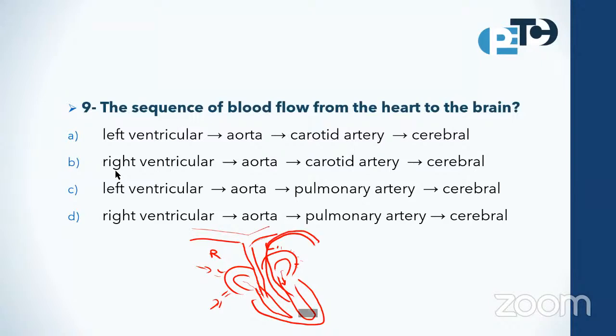Let us see the sequences and decide which one is right.